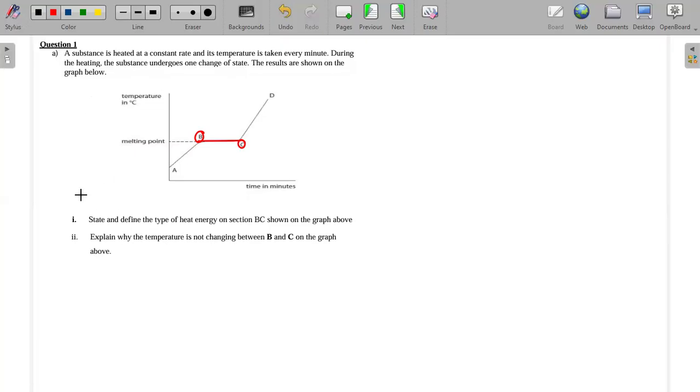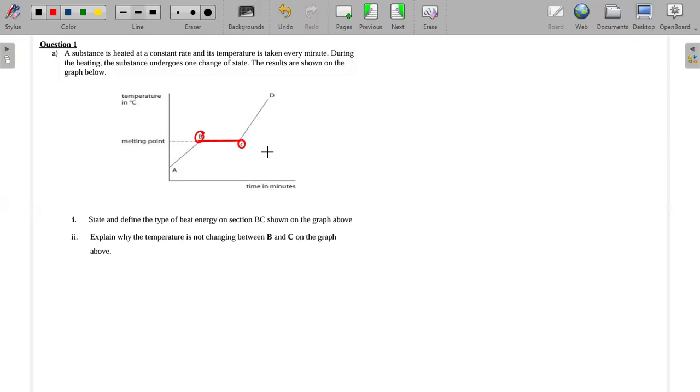So they want us to mention this energy, but also define it. This is at the melting point, and at the melting point there is a constant temperature. Why is the temperature not changing?